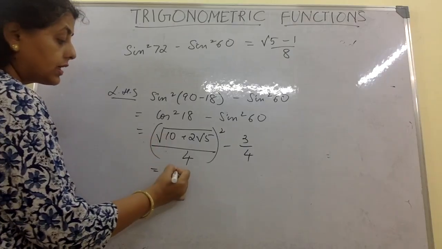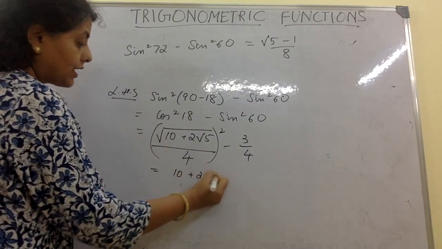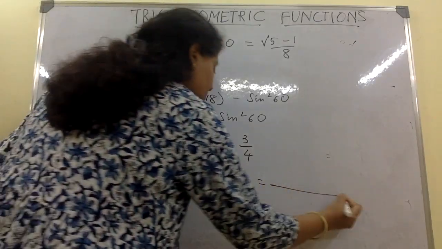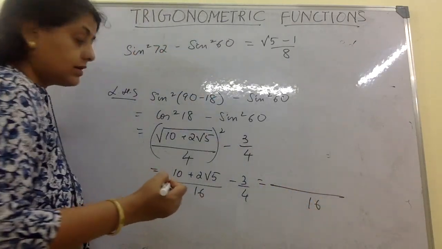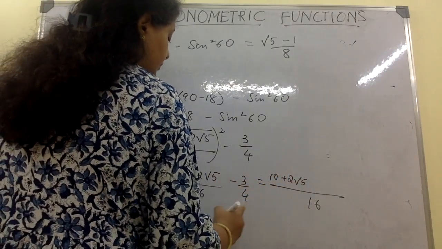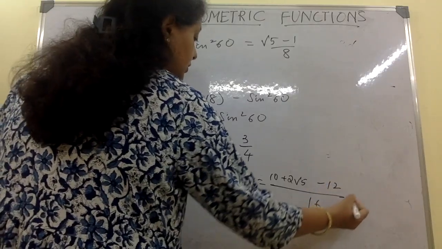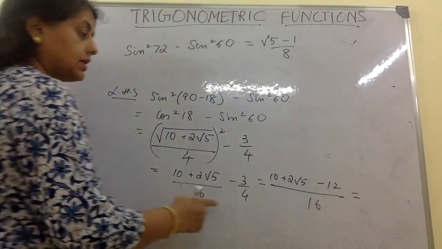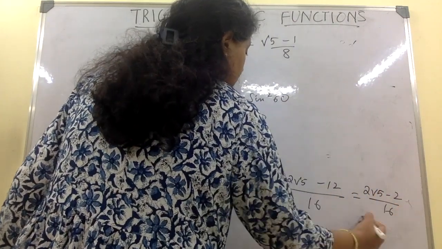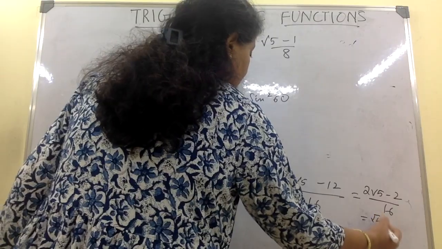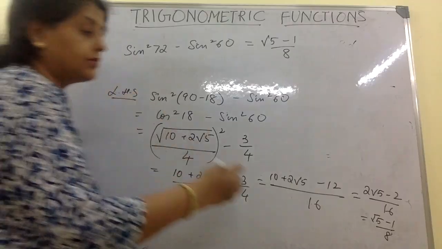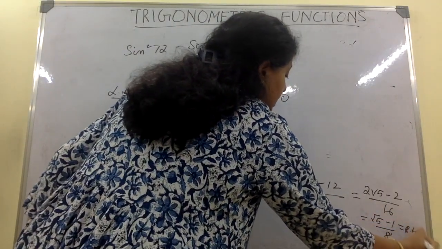When you put a square, 10 plus 2 root 5 by 16 minus 3 by 4, taking LCM as 16, this is 10 plus 2 root 5 minus 12. Now here 2 root 5 minus 2 by 16, which is root 5 minus 1 by 8. So we got our answer. That is equal to the right hand side.